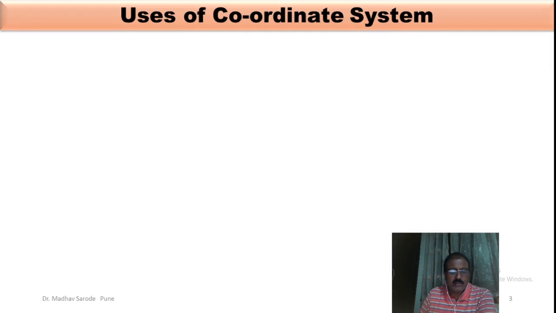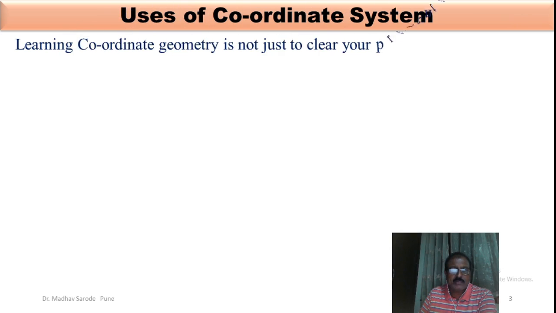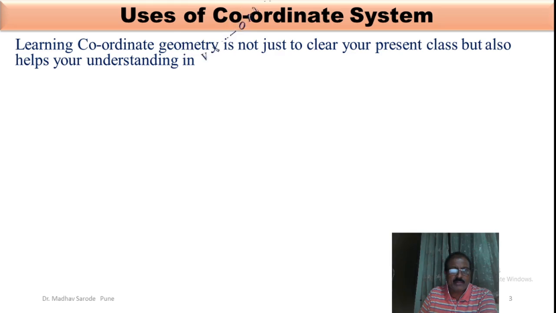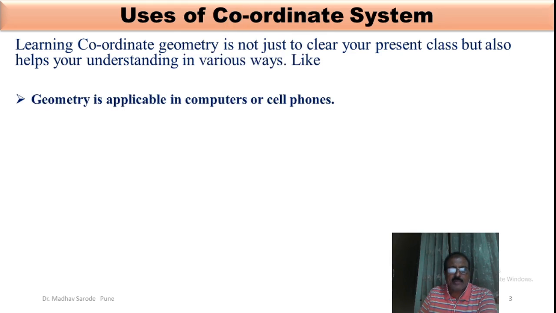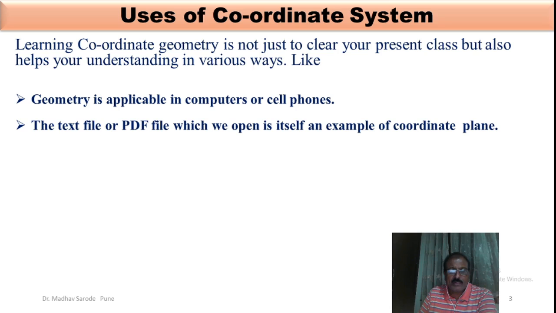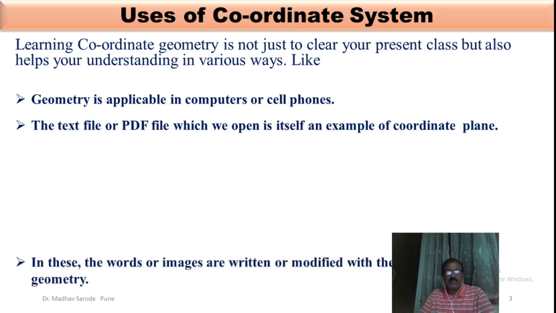Before that, the use of the coordinate system, where we generally use it. We know that learning coordinate geometry is not just for your present class but also helps your understanding in various ways, such as geometry being applicable in computers or cell phones. The text file or PDF file which we open is itself an example of the coordinate plane.